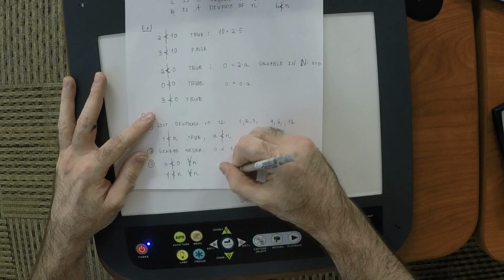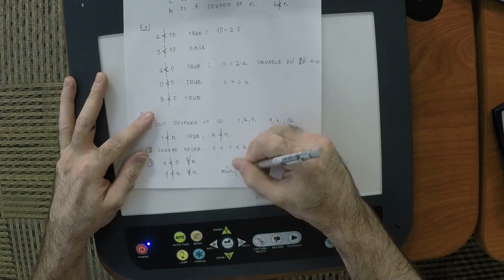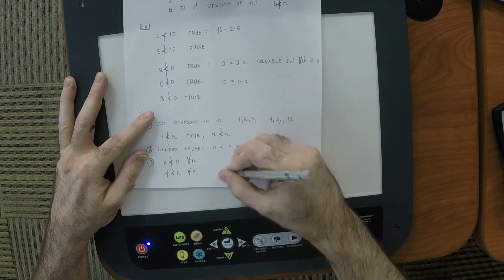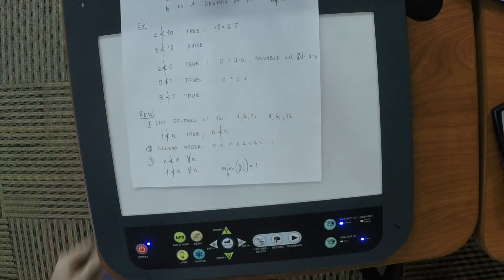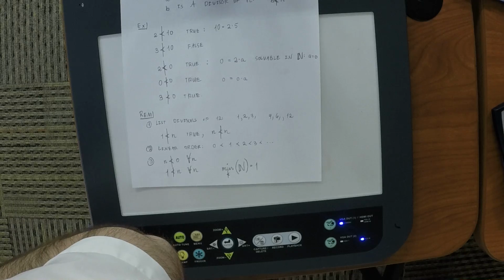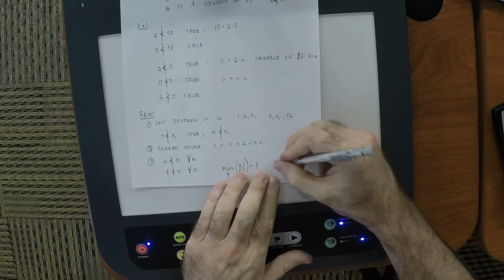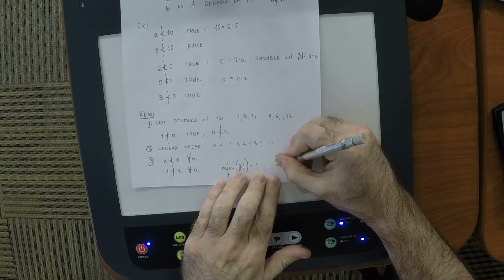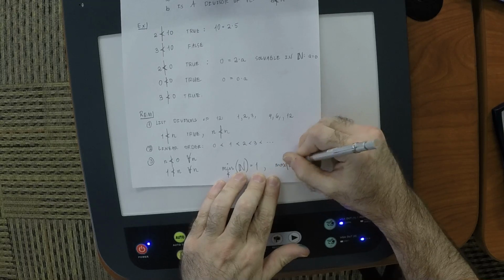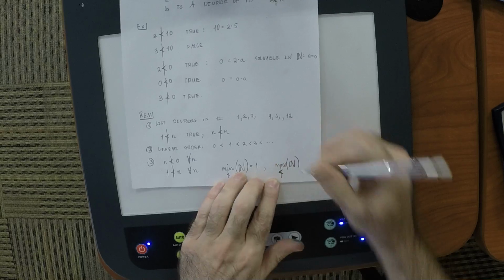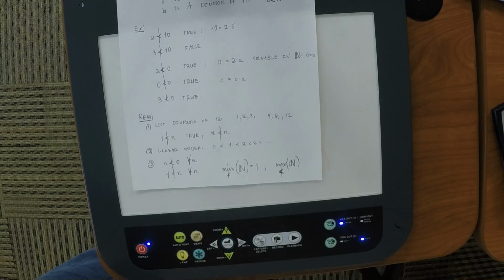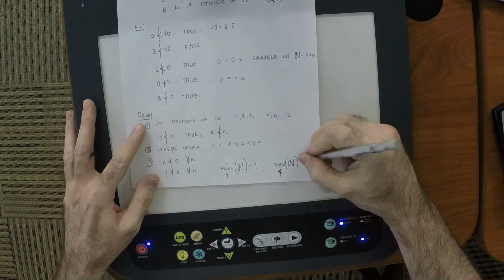So the minimum of the naturals according to this order is 1. What's the maximum? What's the greatest of all naturals according to this order? It's 0.